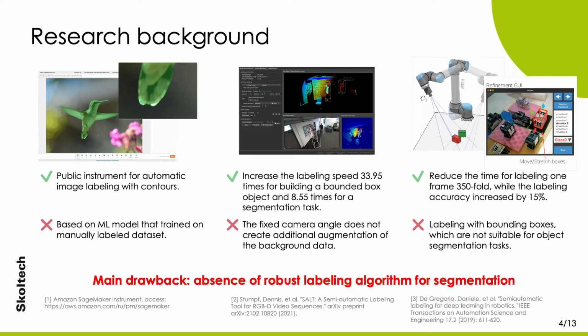Finally, the paper of De Giorgio describes using a 6-DOF robot and Aruco tags for labeling images with 3D boxes. It is also an interesting technology that allows to significantly reduce dataset collection time compared to manual labeling. However, this technology does not cover our problem and does not allow making a segmentation dataset.